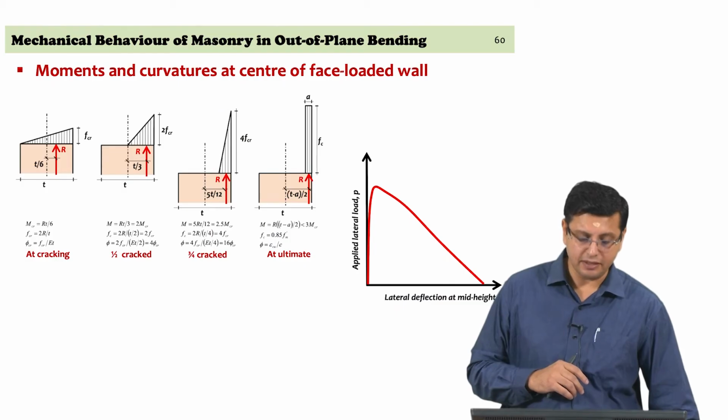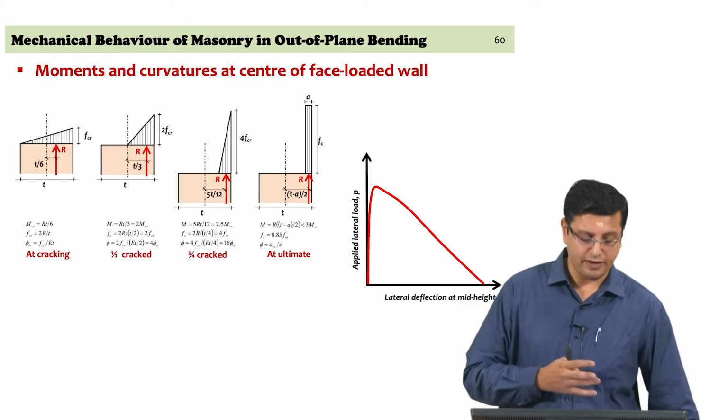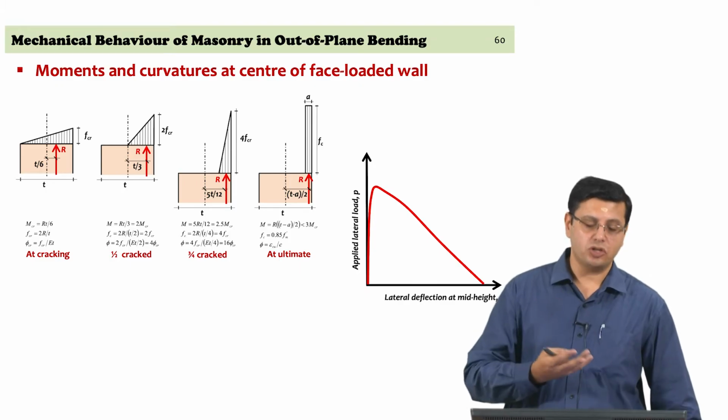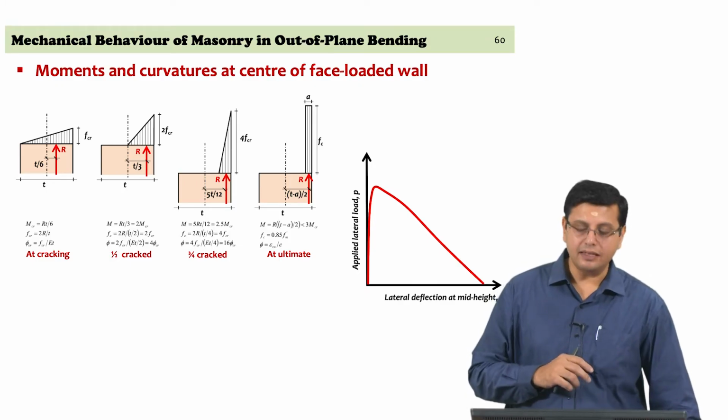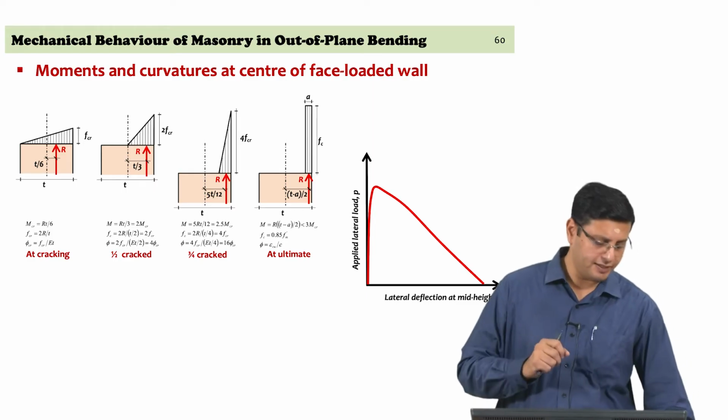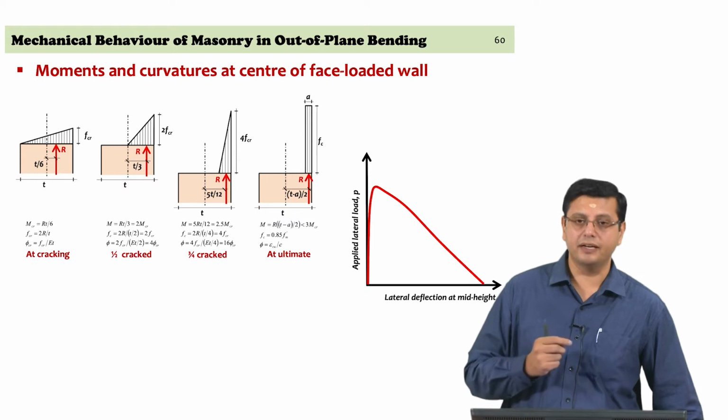However, we then examined if we were to estimate the moments and curvature in the wall based on an assumption that the distribution of stresses can be considered as nonlinear in the cross section, particularly at ultimate.